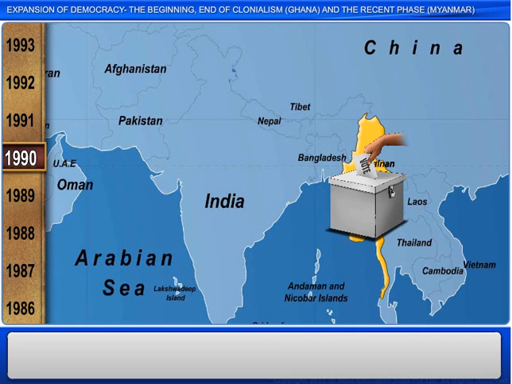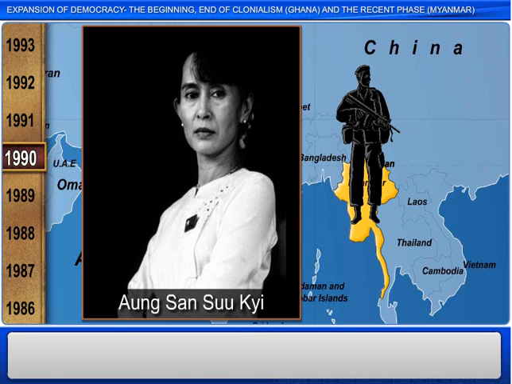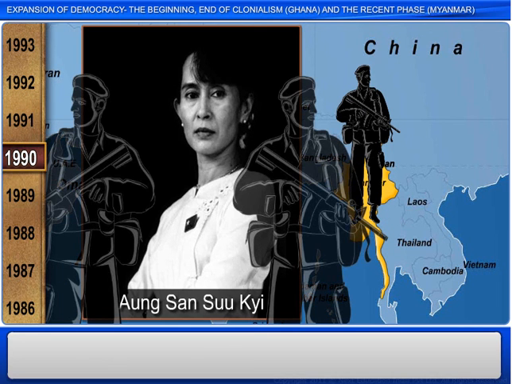The National League for Democracy, led by Aung San Suu Kyi, won the election. However, these elections were not recognized by the Myanmar military, which placed Aung San Suu Kyi under house arrest and dismissed the election results.